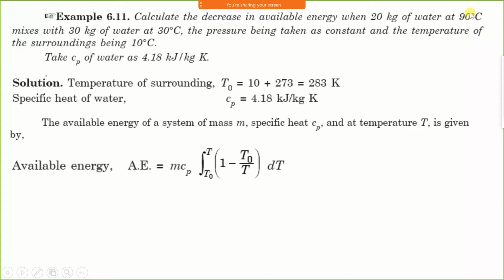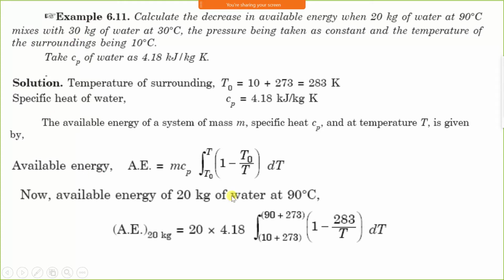The hot water is given at 90 degrees Celsius which has a mass of 20 kg, and cold water is given at 30 degrees Celsius which has a mass of 30 kg. First we'll calculate the available energy for the hot water. The available energy of 20 kg of water at 90 degrees Celsius: the formula is m Cp integration T0 to T of (1 minus T0 upon T) dT.